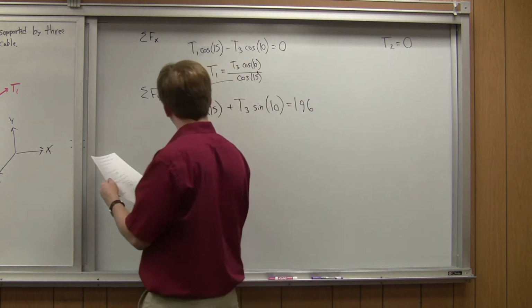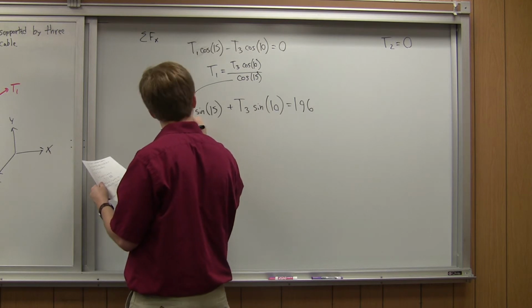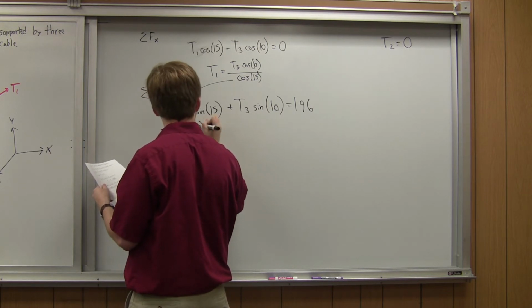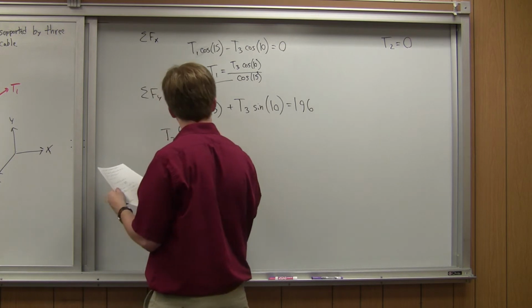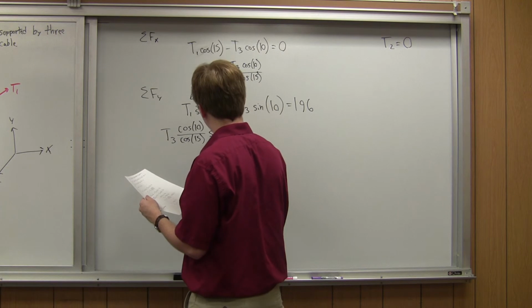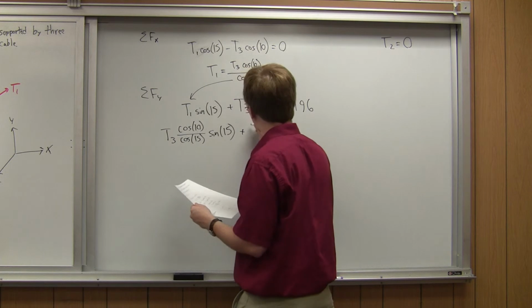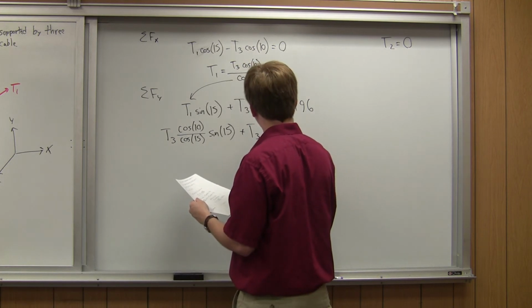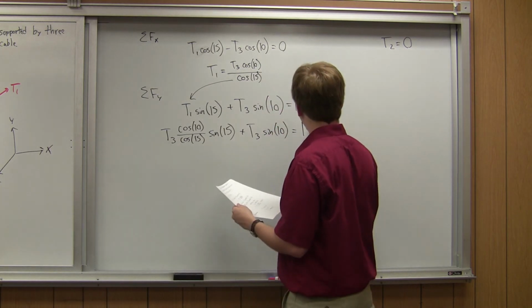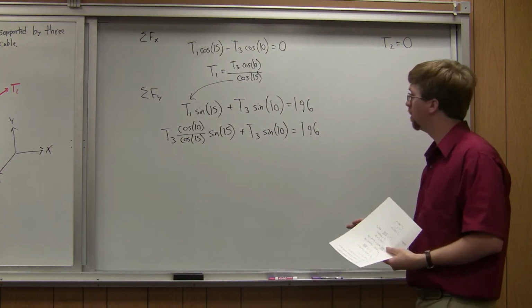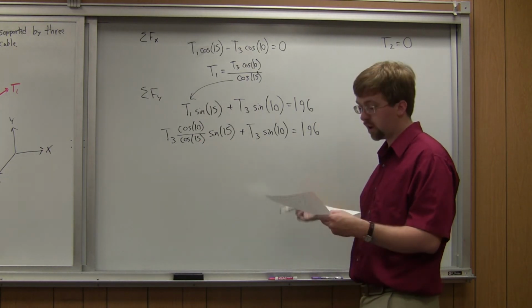So that gives me T3 times the cosine of 10 over the cosine of 15 times the sine of 15, which comes from right here, plus T3 times the sine of 10 is equal to 196. All right, at this point I've got one unknown, T3, and so I can solve this equation.